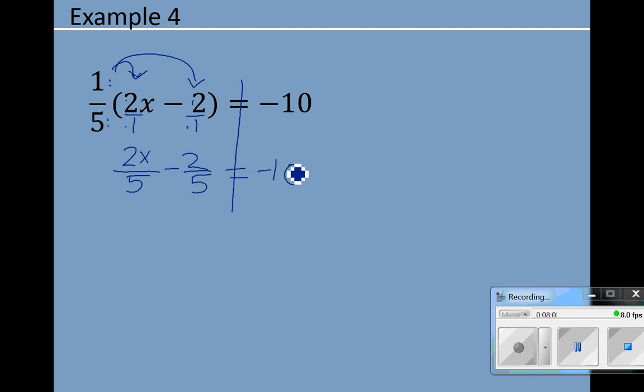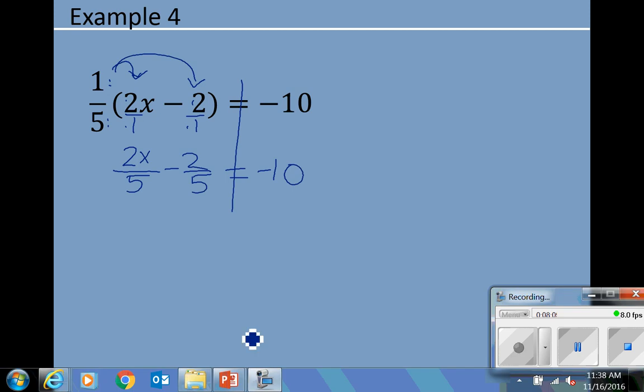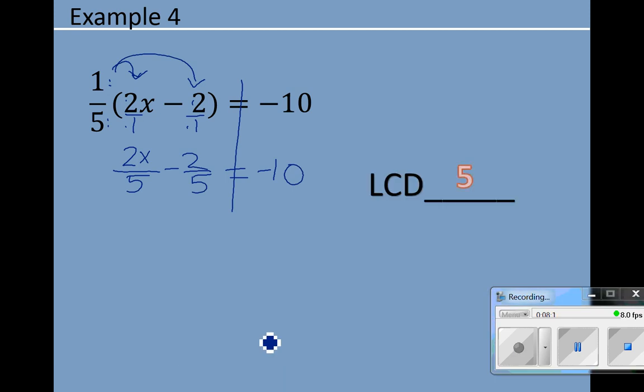equals negative 10. Now we have our problem to start with that we're going to clear the fraction. So our LCD is going to be 5. So we can multiply through everything by 5. That means we're going to multiply 1, 2, 3 times.